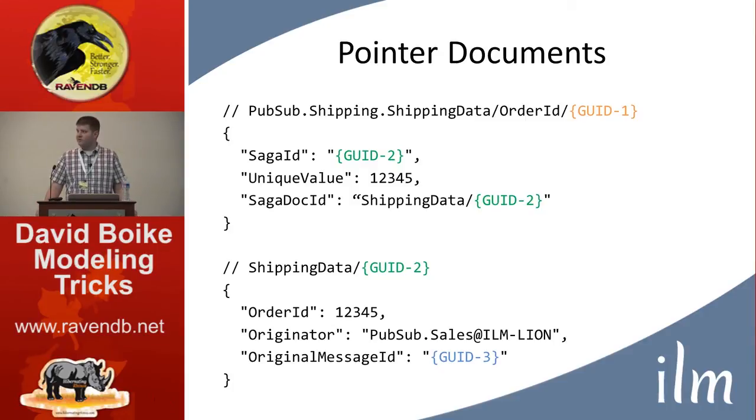And then we know that the Saga ID is this, and the unique value is that, and that the Saga document ID is the green thing. And so if we load the top one, which we can always construct from our message data, then we can do an include and get the bottom one, and we bring back all of our Saga data with no database locks and completely consistent.